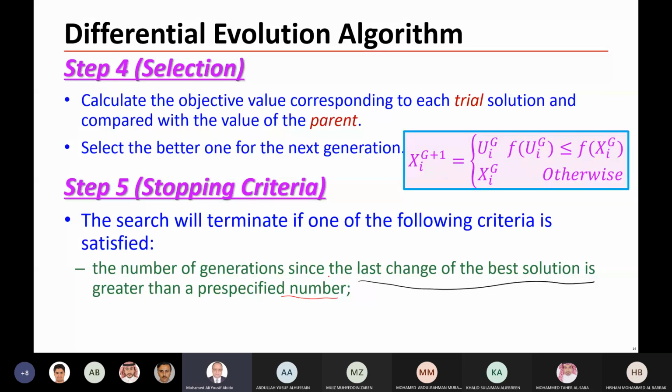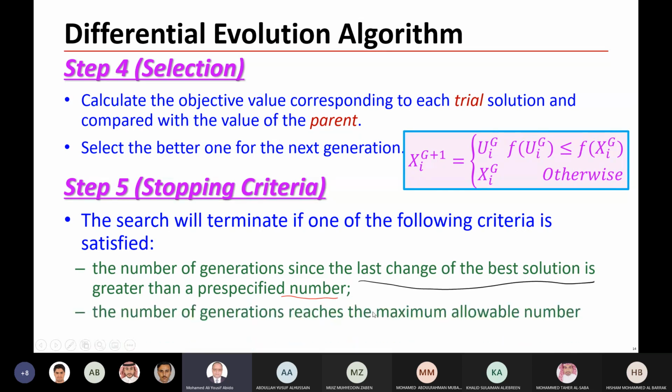If the best solution doesn't change for a long time, then you can stop your search. The second is the number of generations reaches the maximum allowable number. In this case, you can stop the search. Of course, this is not recommended.